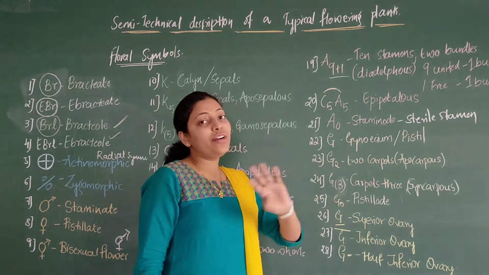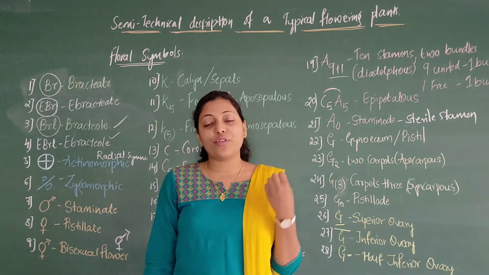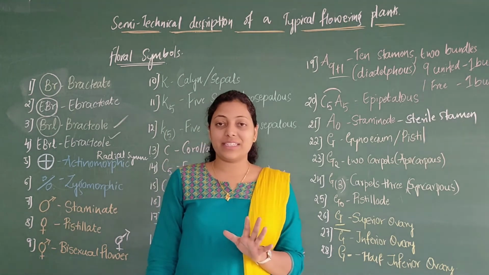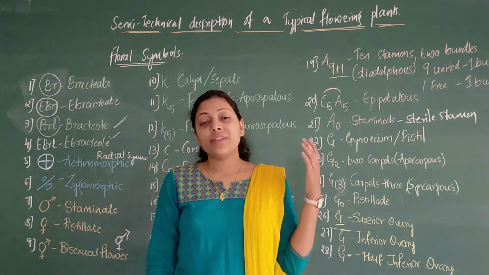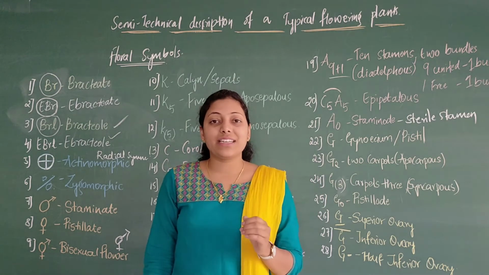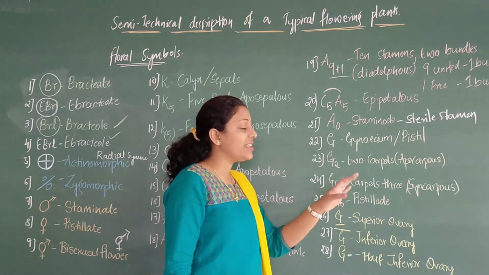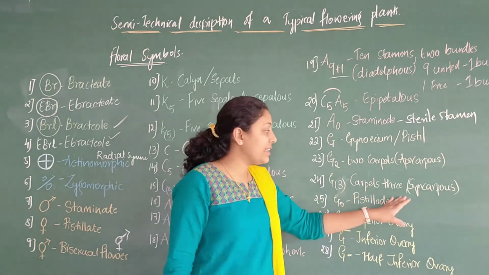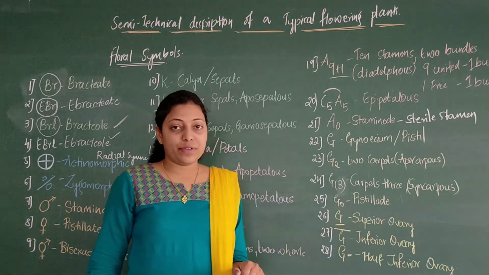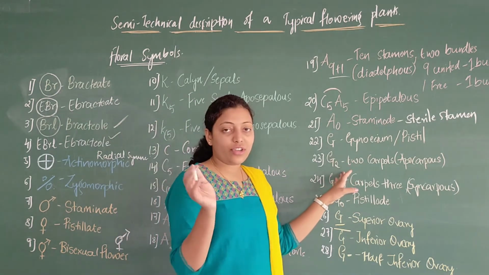And then G is for gynoecium or pistil, because the reproductive part of a female flower is called the pistil. The gynoecium or pistil consists of stigma, style and ovary. G3 means carpels are three in number, and that is called syncarpous.